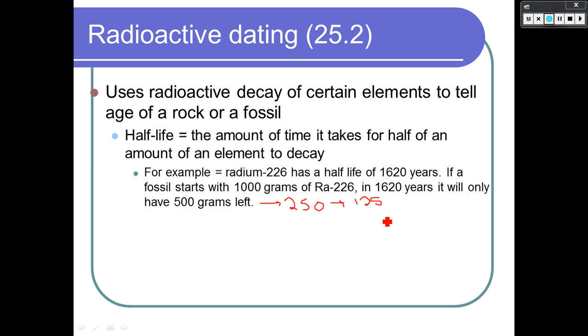And at some point, would all of the radium-226 decay? Absolutely. But keep in mind how many actual atoms there are in, say, 1,000 grams. You could actually convert that. You could say, okay, I've got 1,000 grams of radium. Radium has an atomic mass of about 226 grams per mole.